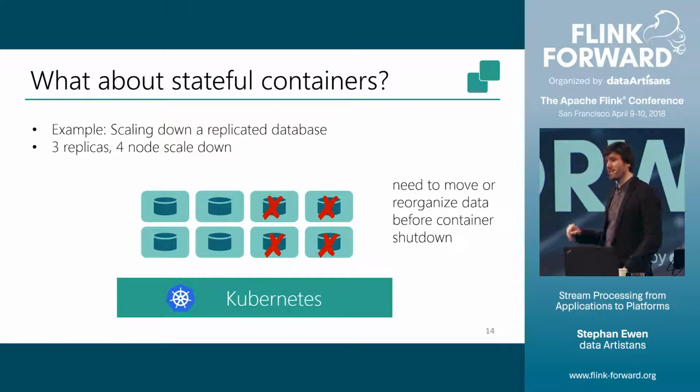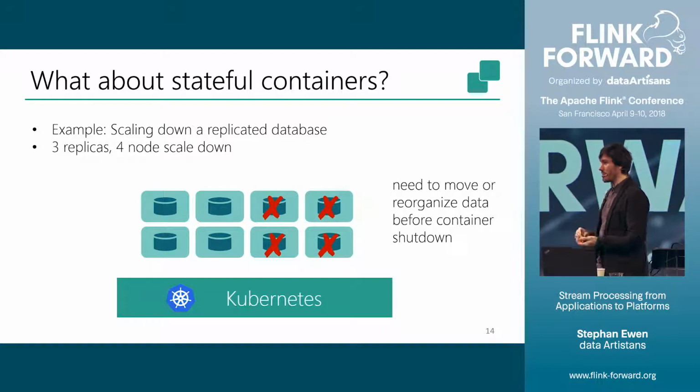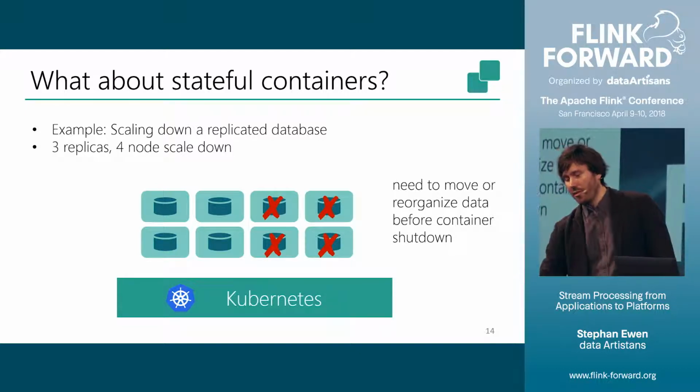If we just tell the system in a very simple way to decommission 4 containers, then our database might not like that too much. Instead, you typically have to initiate a more elaborate procedure. You have to call into some hooks, decommission some nodes, stop accepting writes, migrate some partitions to other nodes, and then bit by bit decommission those nodes. So it's possible, but it's not as lightweight anymore as for some of the other applications. And it goes even further.